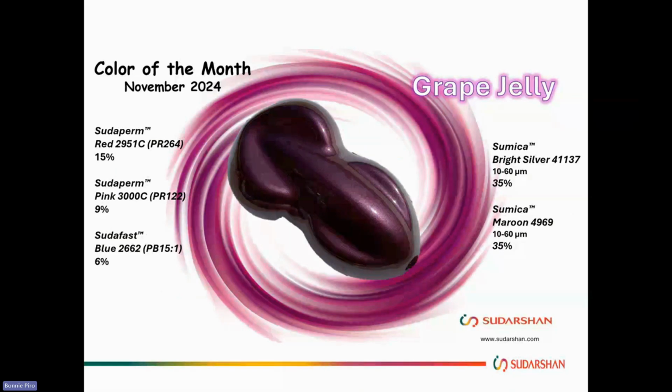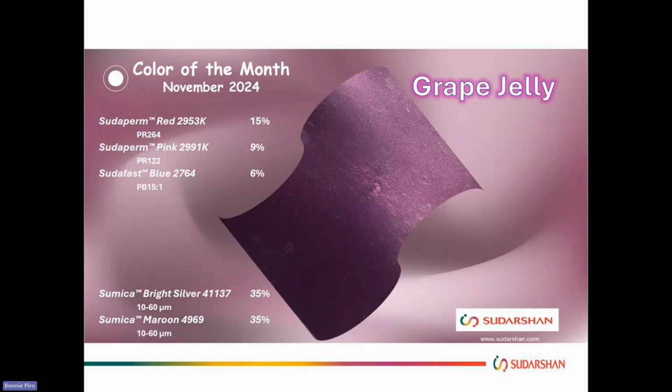More towards the violet side, again, is a 264 in conjunction with a magenta, red 122, and a blue, CPC blue. Gets that deeper violet space for that area. And then same with the plastic application area as well, also in combination with effect pigments to be able to get those colors.